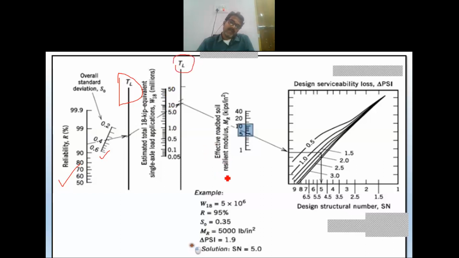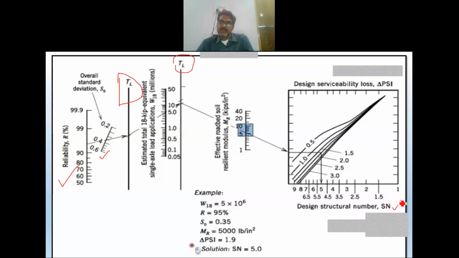Then the next vertical axis is effective roadbed soil resilient modulus, that is soil subgrade MR, known to us. And then there is a chart of design serviceability loss delta PSI and design structural number SN.